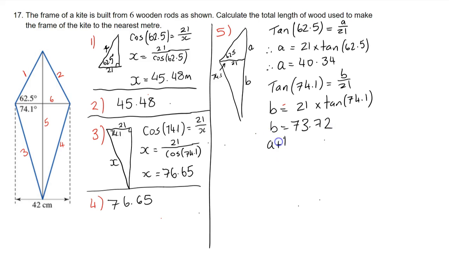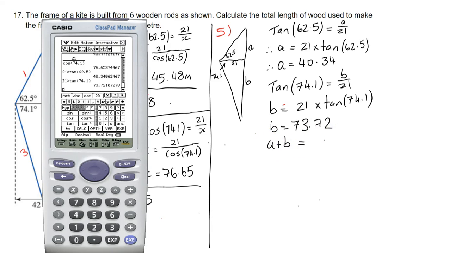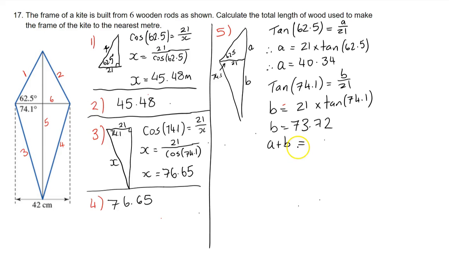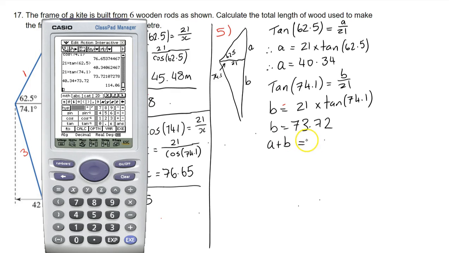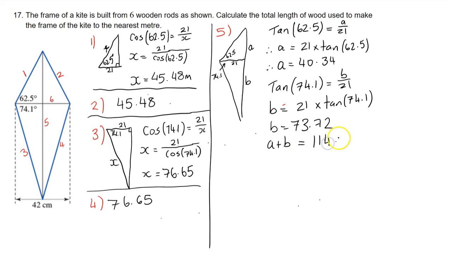Okay, so A plus B, 40.34 plus 73.72, 114.06. Okay, so it's 5, and then we know that length 6 is 42 because we've already been told that.